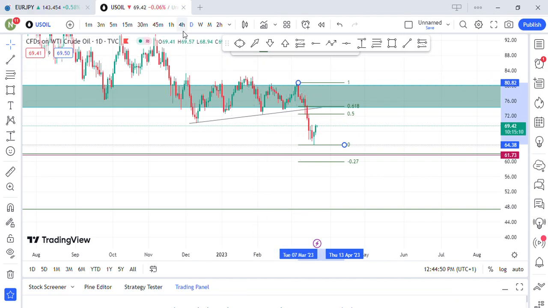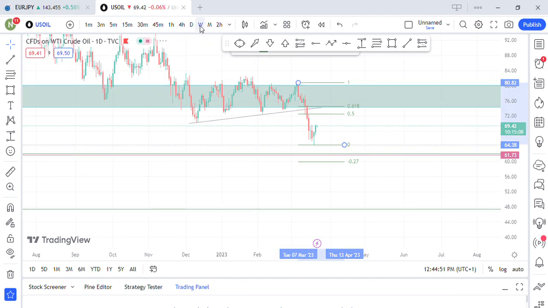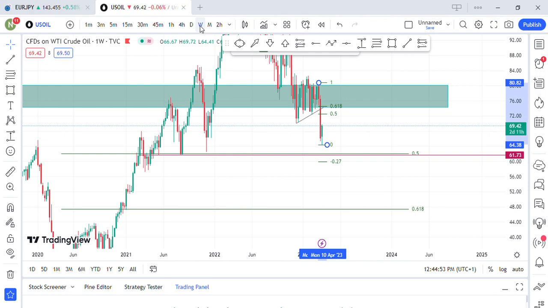This weekly candle here is not a change of structure, neither. This weekly candle here is a retracement. Let me delete this, I like my charts being nice and neat.